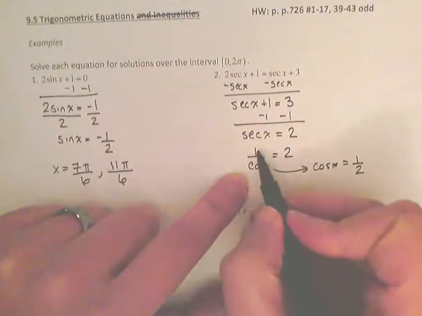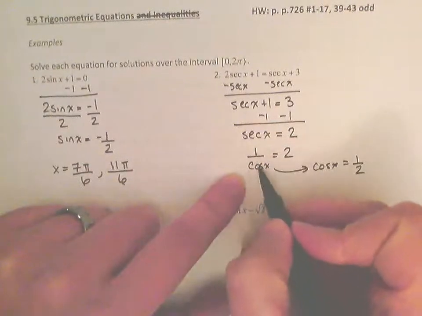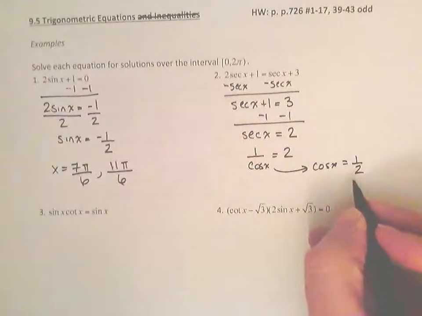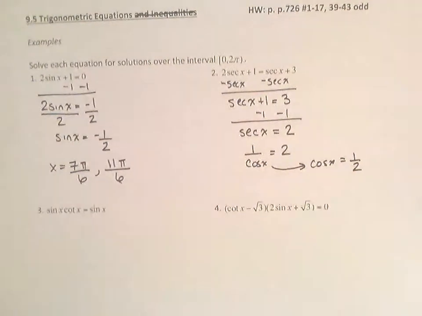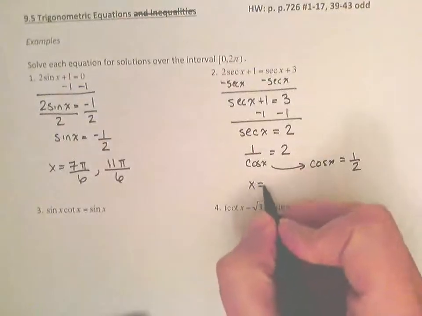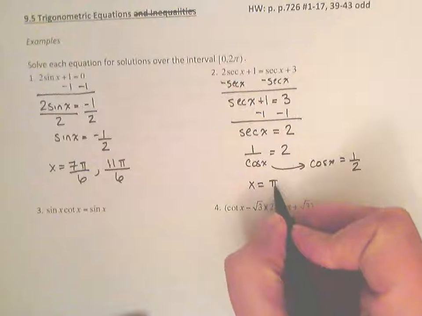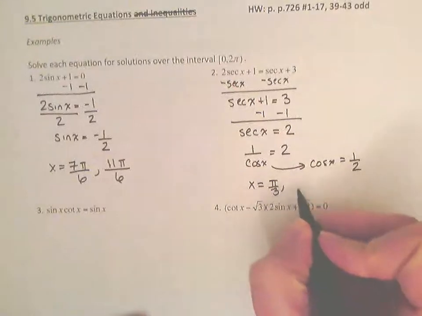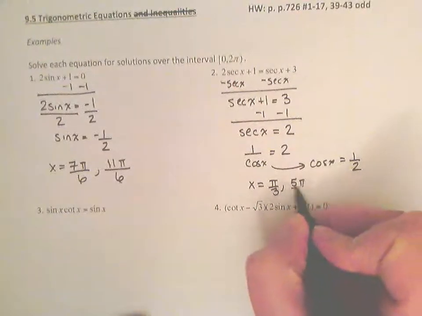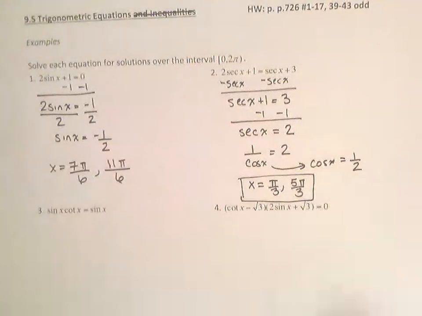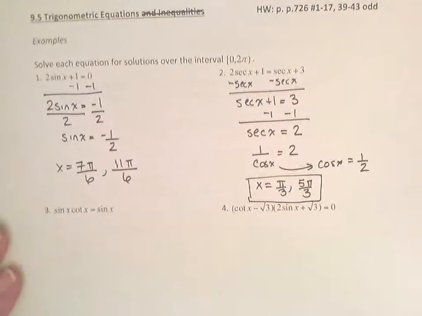Because when it's 1/2, then 1 divided by 1/2 will give us 2. So where is cosine of x 1/2? On our unit circle, cosine of x, which is the x value, is going to be at pi over 3 and 5 pi over 3. So those are our two solutions. Okay, so far easy, right?